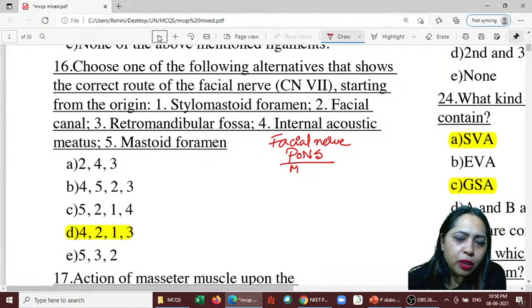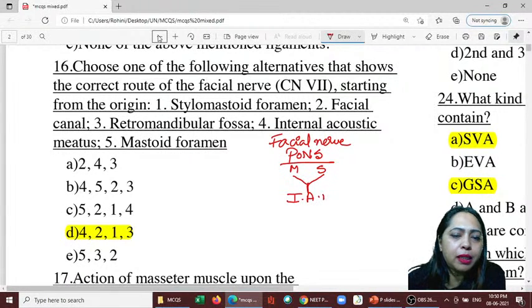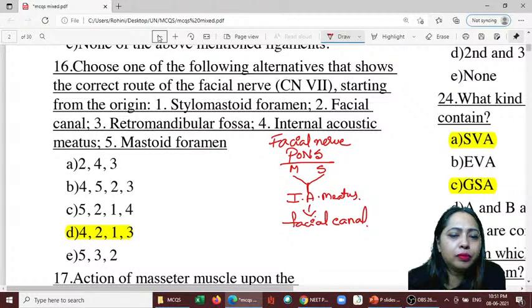Motor root and sensory root both join together and reach the internal acoustic meatus. From the internal acoustic meatus, they enter the facial canal. And they give so many branches in the facial canal.